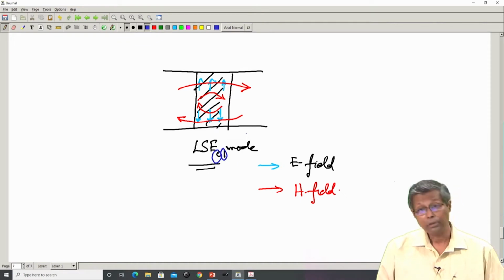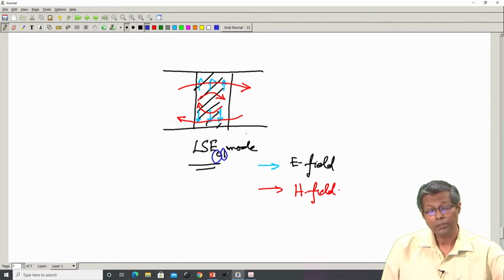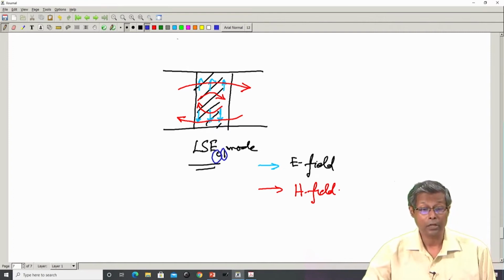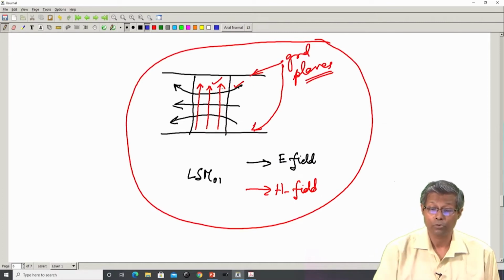So, we see that in a nutshell the principal property of the LSM 01 mode is the absence of the magnetic field component normal to the air dielectric interface, which we are seeing here.